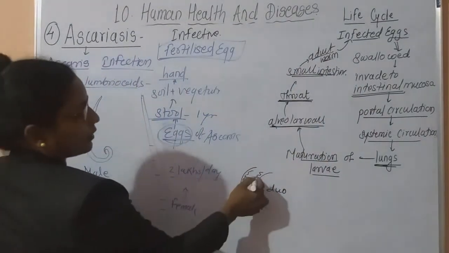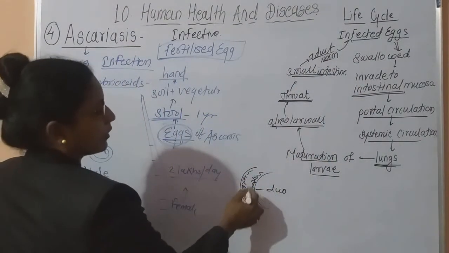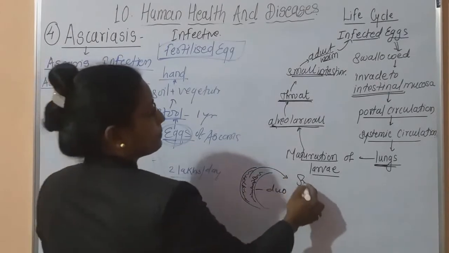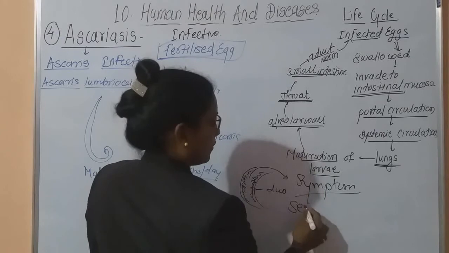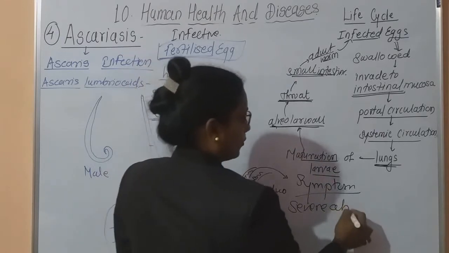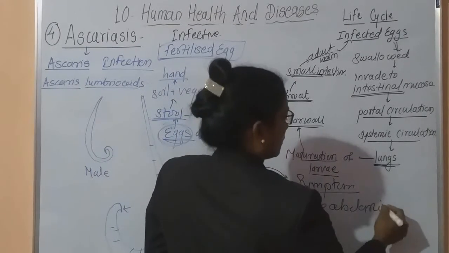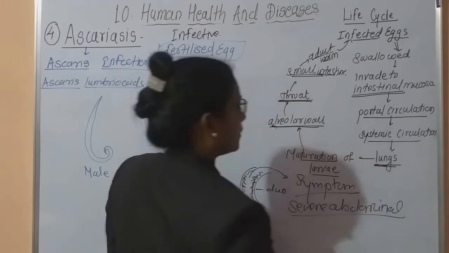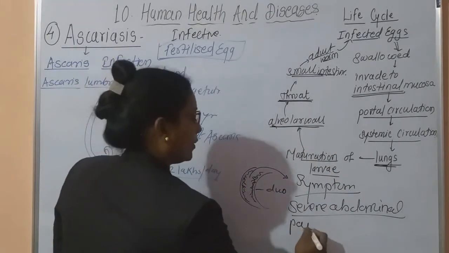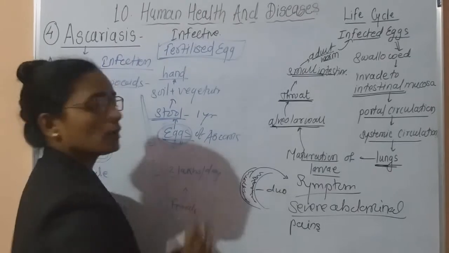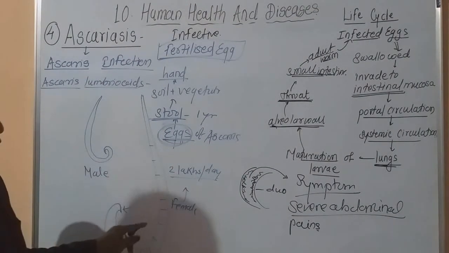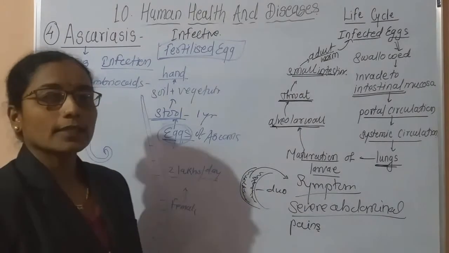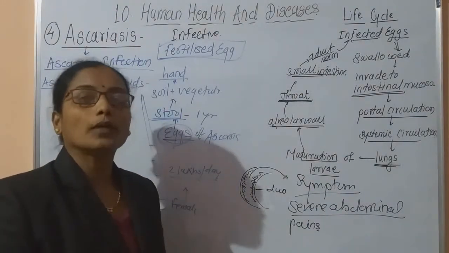Now when these adult worms are present here, what is the main symptom? The main or basic symptom is severe abdominal pain, because these Ascaris attach to our intestinal walls and cause abdominal pain.